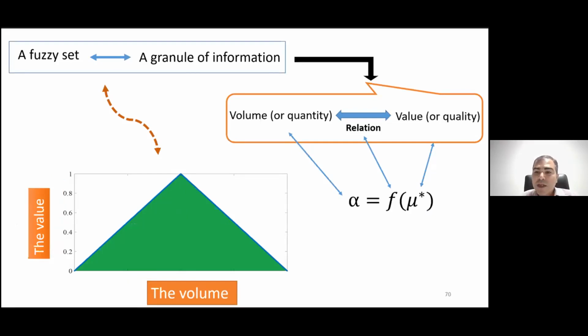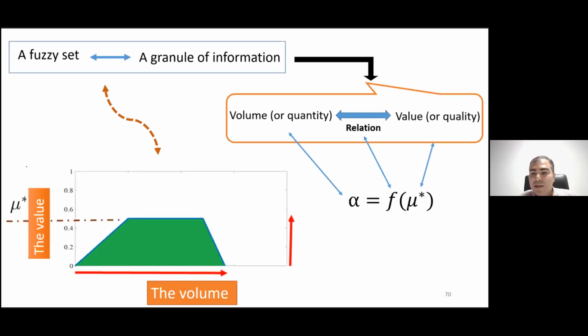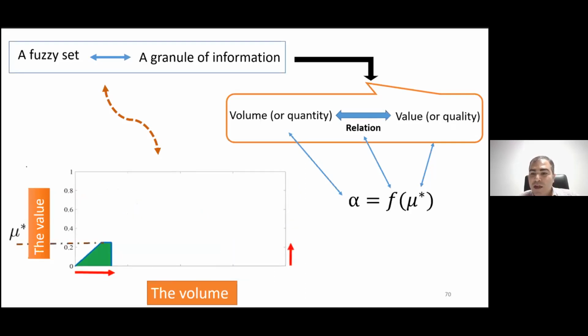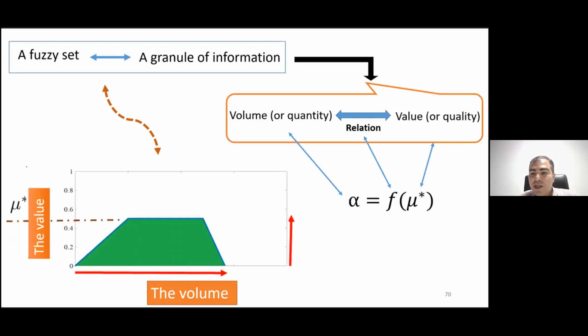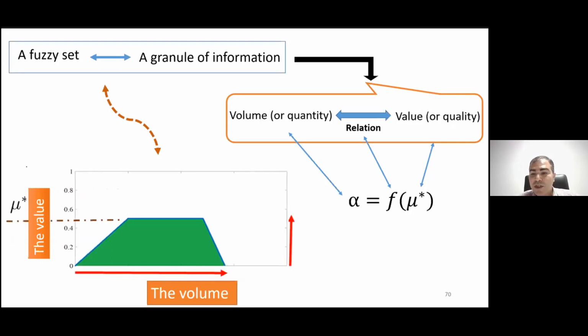As already mentioned, in everyday decision-making, we almost always consider a relation between the value and volume of the subject for which we make a decision. For example, the volume of a book is read based on its value. We read the volume of the pages of the book as much as the value of the book or the information included in the book.